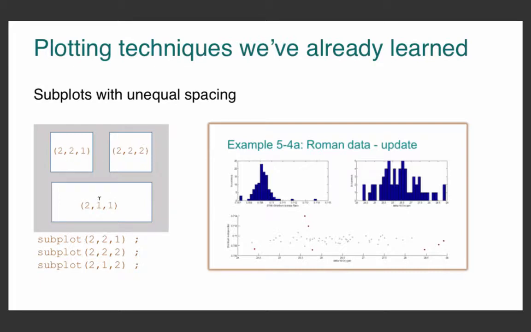This is the second one in that. So these dimensions, rows and columns, don't have to be the same for every subplot. By manipulating this, we can get a subplot the width of the two upper subplots. We saw that when we were looking at the Roman data and the strontium isotopes.